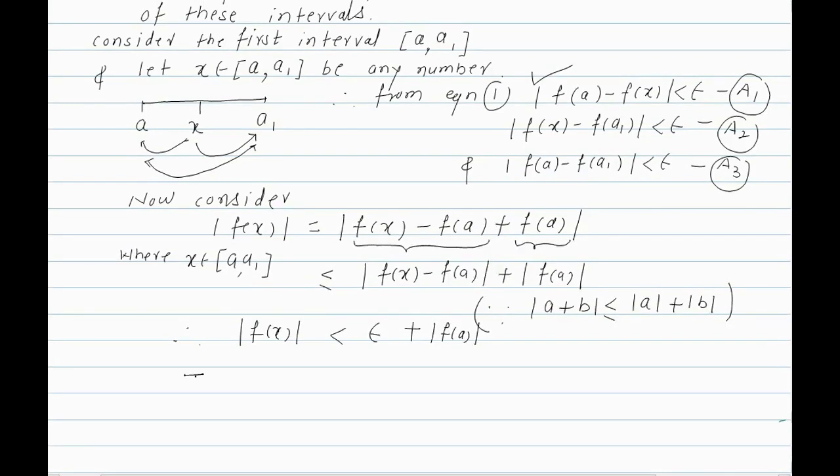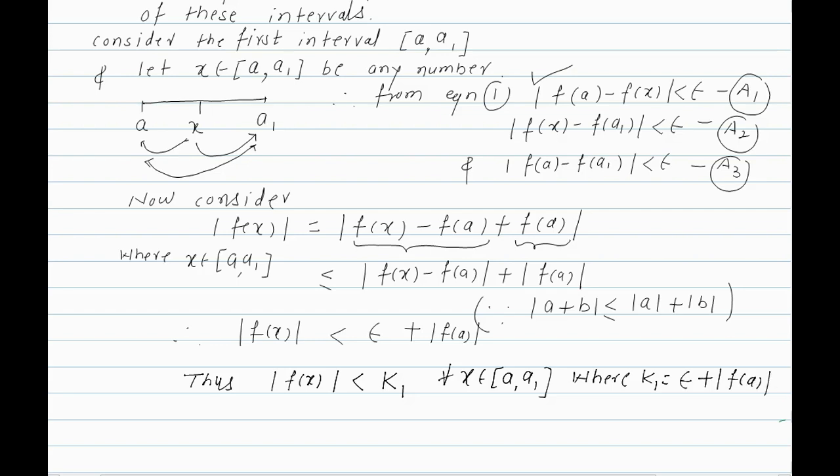Thus mod of f of x is less than k1 for all x in the first interval a comma a1, where k1 is a constant, epsilon plus mod of f of a.